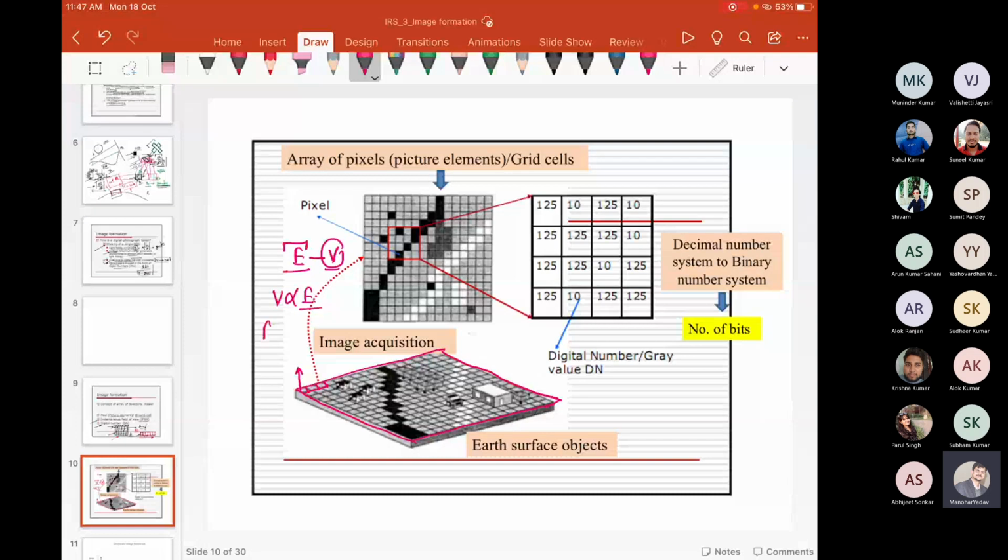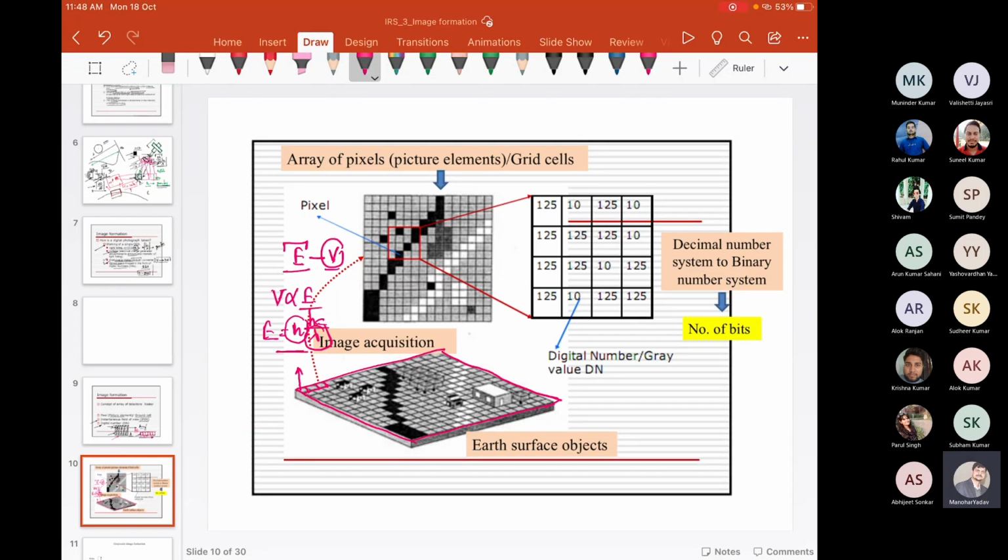And as I said before, the energy E is equal to the total number of photons at that particular wavelength. So the voltage signal generated is proportional to the total number of photons N and the wavelength at which the upwelling radiance is analyzed.